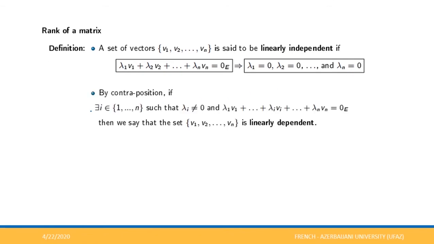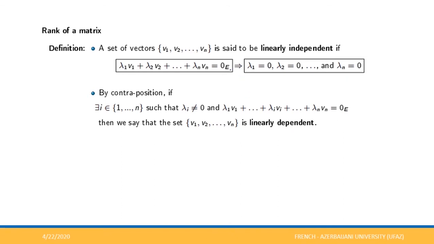If we have some i from 1 to n such that lambda i is different from 0 and lambda 1 v1 plus and so on, plus lambda i vi plus so on, plus lambda n vn is equal to the 0 vector, then we say that the set v1, v2, and so on vn is linearly dependent.